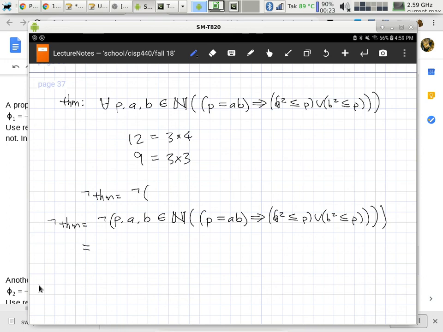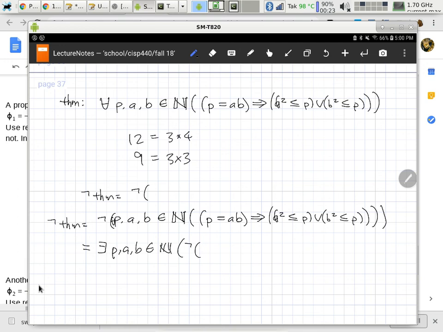So the first thing we do is, well, we are negating a for all, okay? Actually, I forgot to copy the for all here, but we're negating a for all. So when you negate a for all, you can now say, there exists P, A, B in the natural number set such that it is the negation of the following.